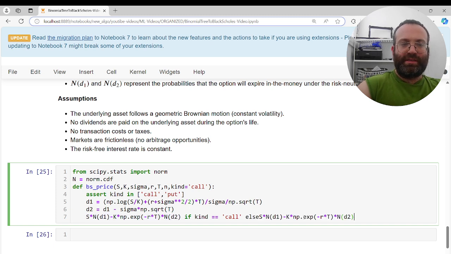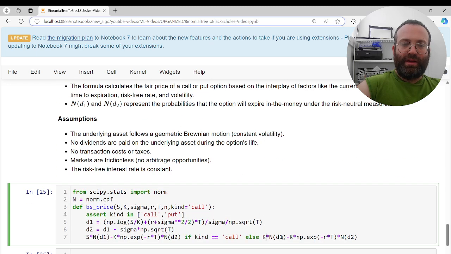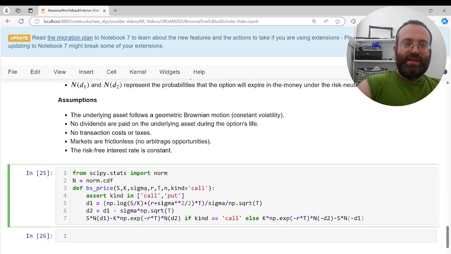You have a K here and a negative d2; you basically flip them with a minus sign. So K times exp(-rT) times N(-d2) minus S times N(-d1). I probably made a mistake, but it should be this. So that's what we're going to return.